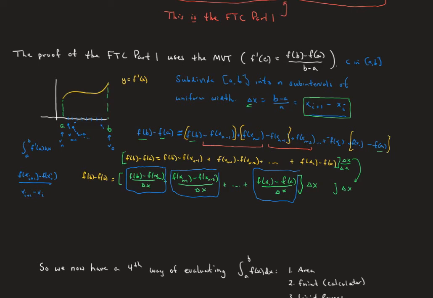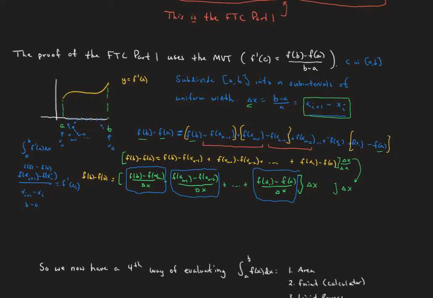That is our f of b minus f of a over b minus a, which we know from the mean value theorem is f prime of some c that is in between those x sub i and x sub i plus 1.